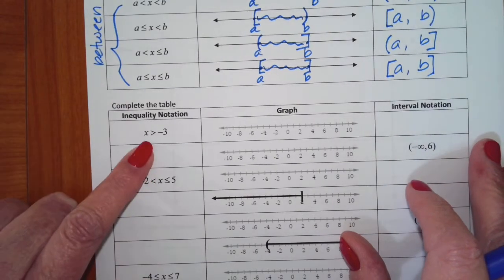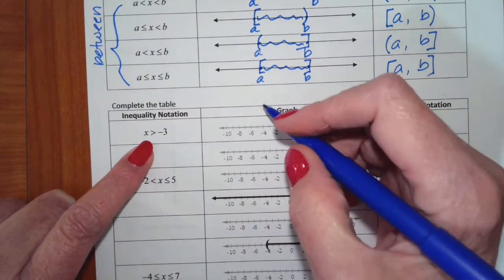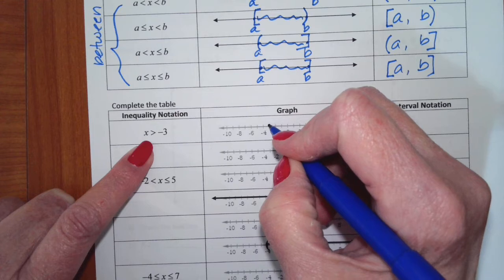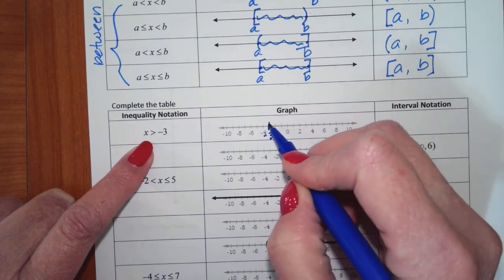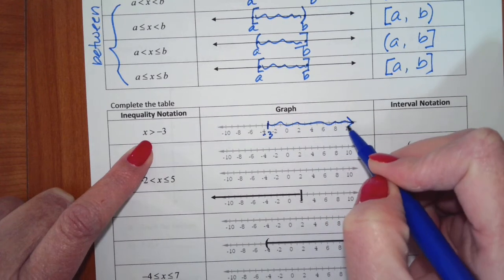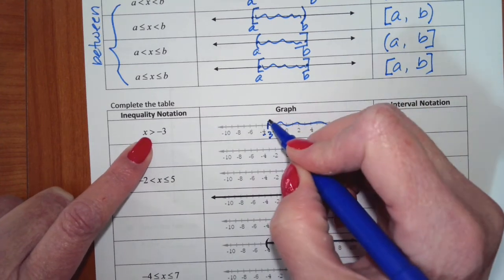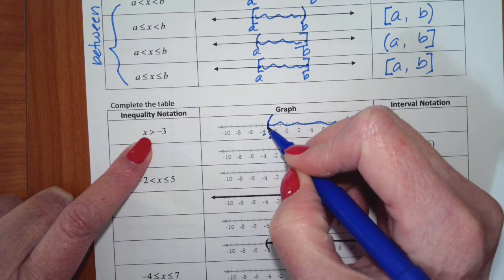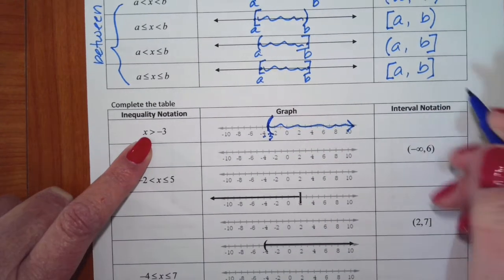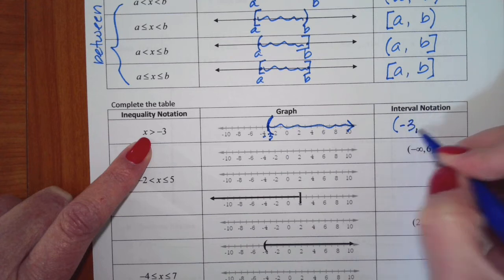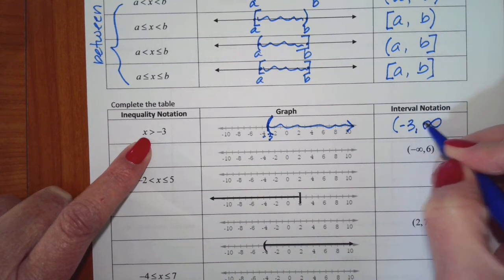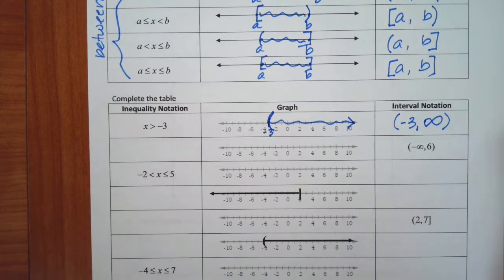If I have x is greater than -3, then I find -3, there's -3. If it's greater than, it's everything to the right. It does not include the -3. So our interval notation goes from -3, there is no boundary on the right, so it's going to go all the way to infinity.